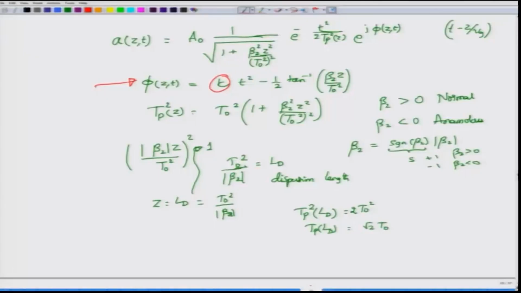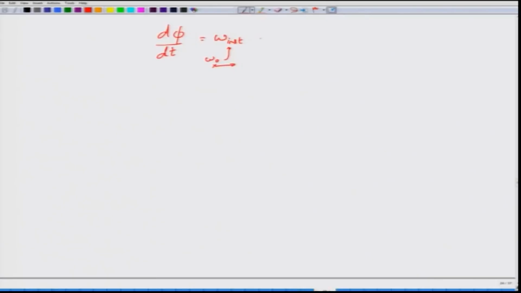Any derivative of phase will be the instantaneous frequency, and because the second term is constant, it will go away with the derivative, and you will get 2 kappa t. It is very interesting that the instantaneous frequency deviation depends linearly on t, and kappa is greater than 0 for normal dispersion, and less than 0 for anomalous dispersion.